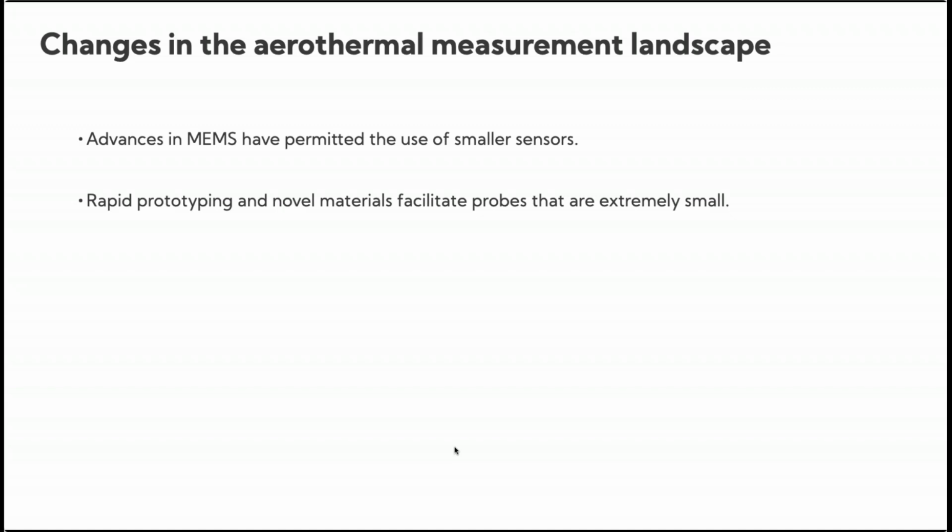So the first one is that over the last decade, and arguably even 2 decades, we've seen advances in MEMS technologies that have permitted the development, the fabrication of much smaller sensors. Now, what that means is that you can place your sensor, here I'm thinking about temperature and pressure sensors, much closer to where you're taking the measurement, and that will result in a faster frequency response.